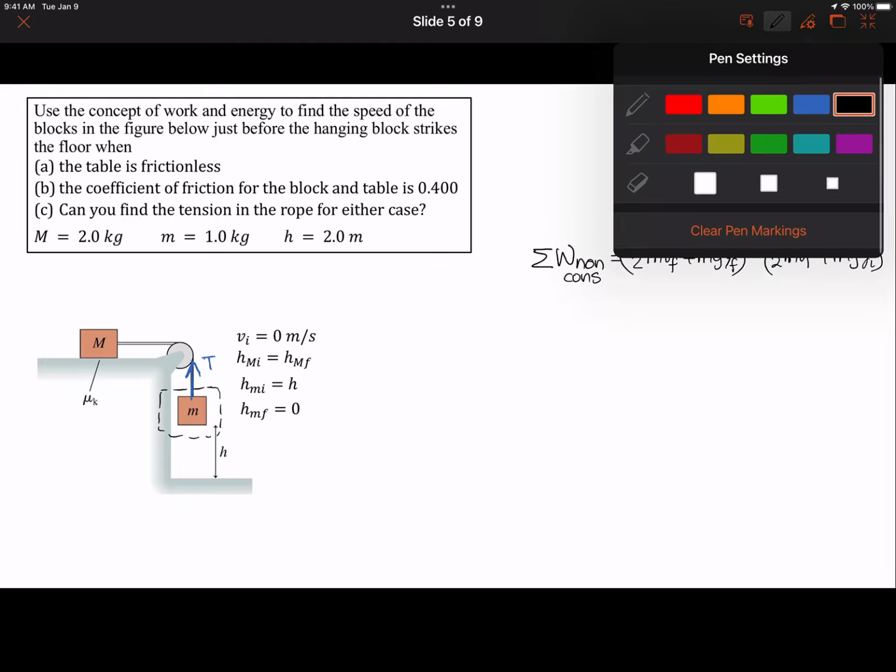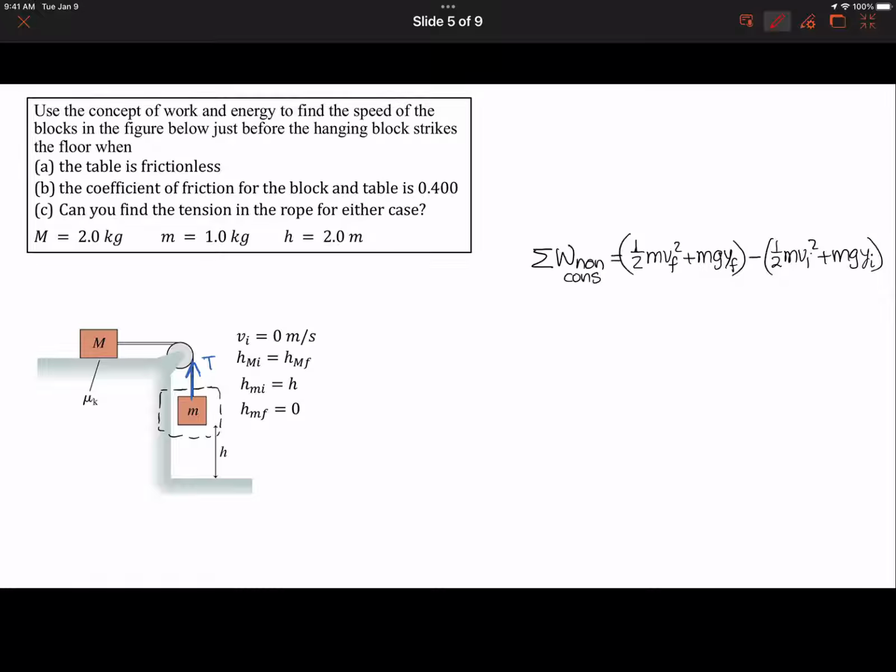So as with the other case, there are things that cancel. The initial velocity is 0, and the final position of the mass is right before it hits the ground, and so that is also 0.